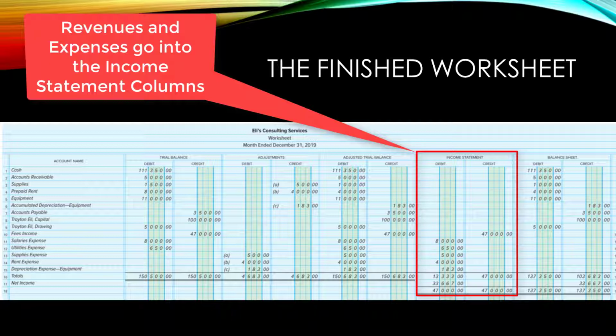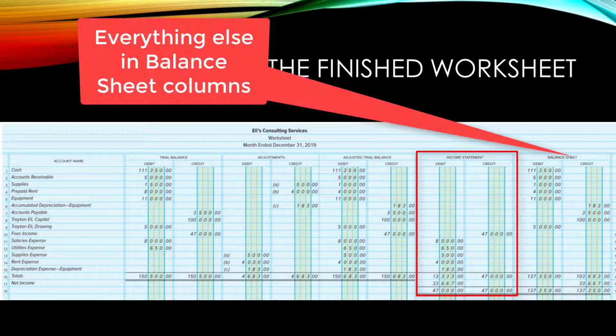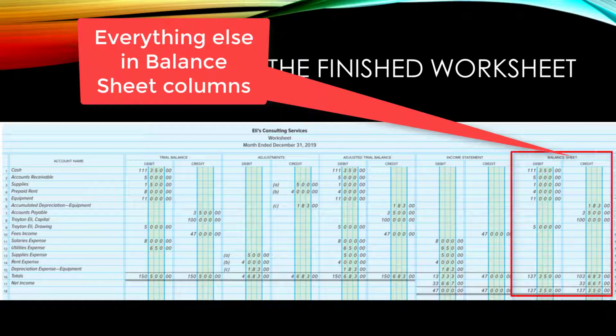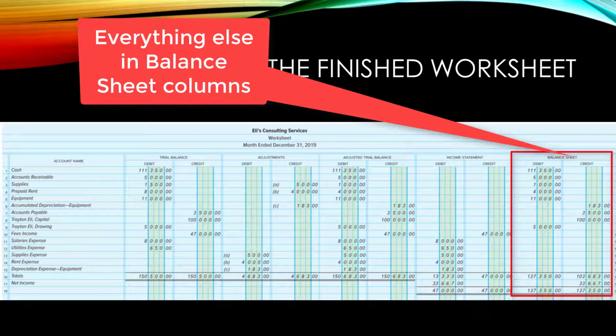And down towards the bottom, the difference between the revenues and the expenses is the net income. That same net income that balances out the income statement must also balance out the opposing side on the balance sheet. The last step is this balancing out feature.